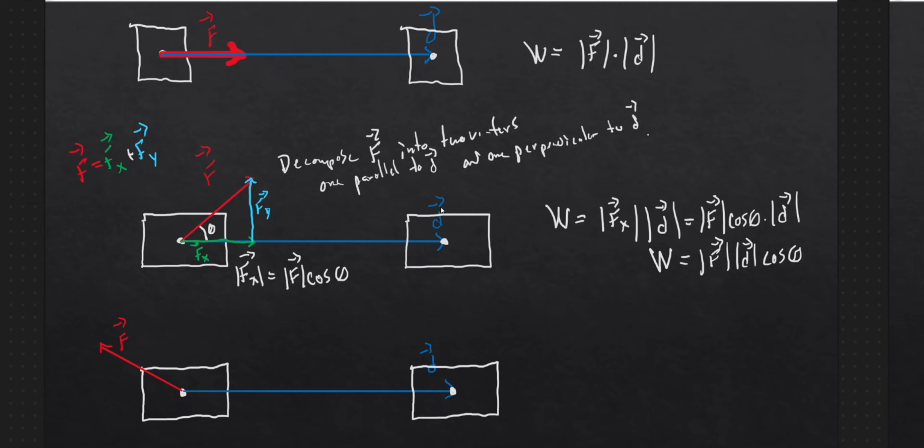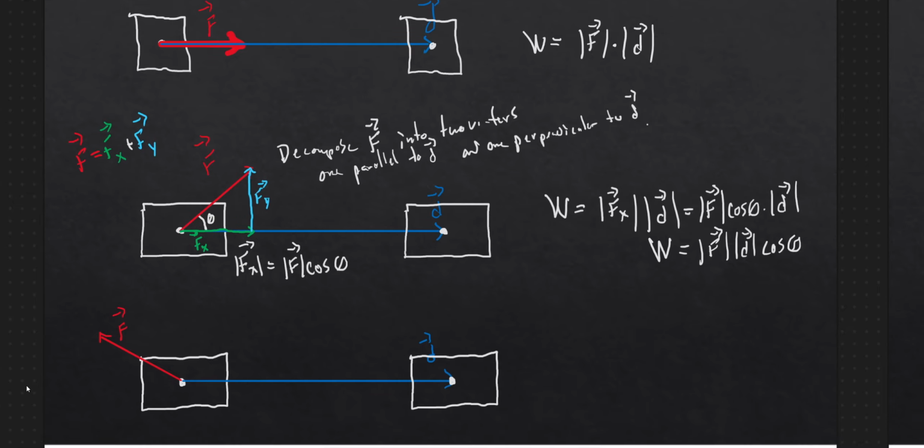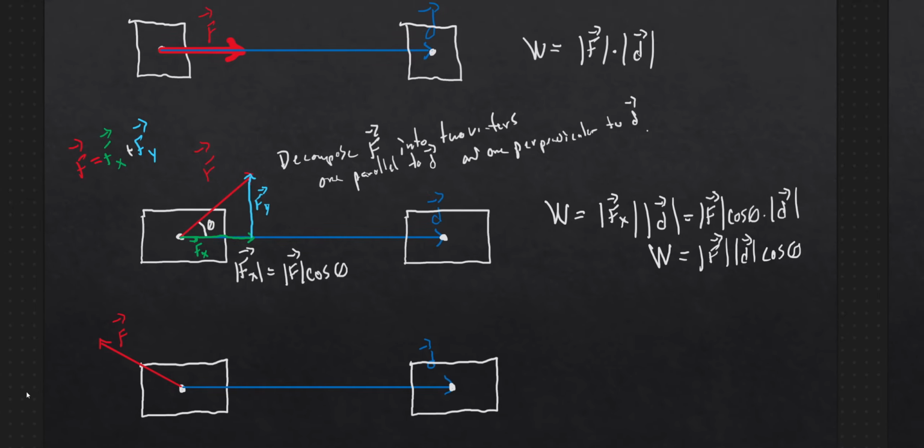And just to add another example here, it doesn't matter if our force is opposing the direction of motion. In this case, since I'm working against the direction of motion, we should consider the work negative. I'm taking energy out of that system. And so, again, we could decompose F into these two subvectors.